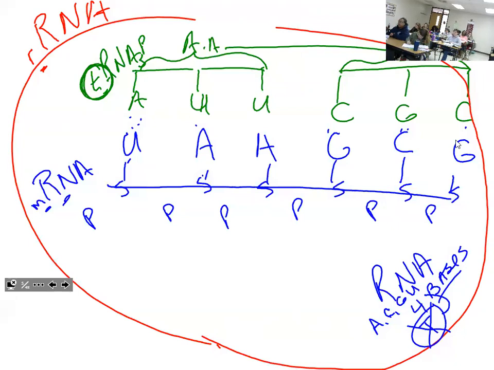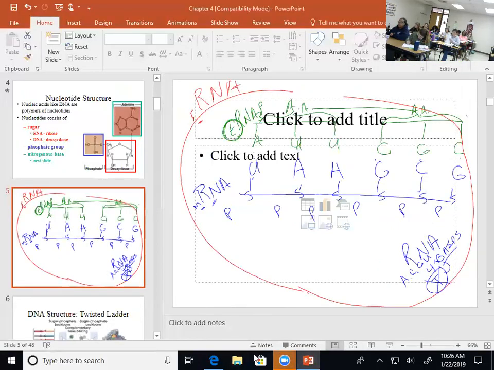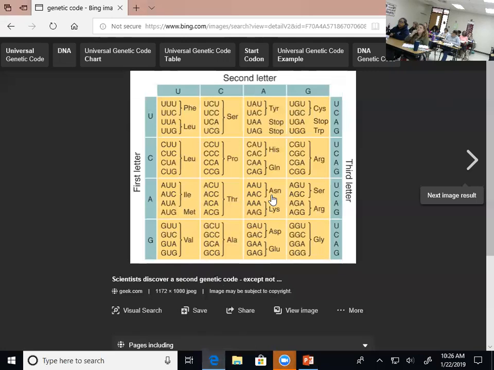In this chart, do we have all 20 amino acids represented? And do we know every sequence of 3, every codon, that would call up that particular amino acid, from this chart?